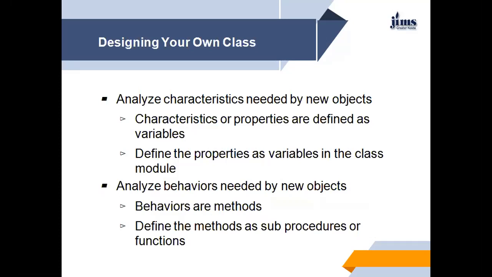Behaviors are methods. A class is made up of two things: one is called the attribute, another is called the behavior. Attributes are the variables you declare, and behaviors are the functions. So define the methods as sub procedures or functions.